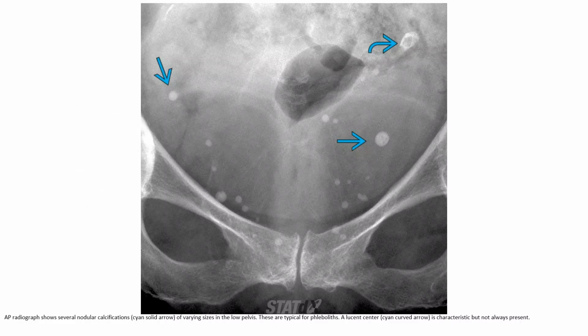This AP radiograph shows several nodular calcifications of varying size in the low pelvis. They are typical for phleboliths. A lucent center is characteristic but not always present.